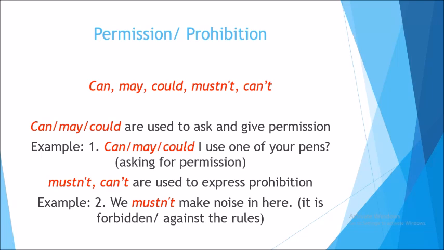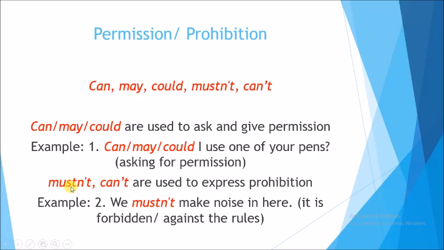Like in example, can I use one of your pens? Or you can substitute can with may. May I use one of your pens? Or if you want to sound more polite, in a more formal way, you use could. Could I use one of your pens, please?